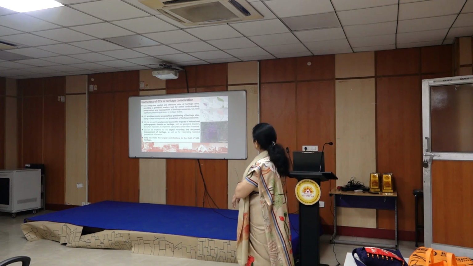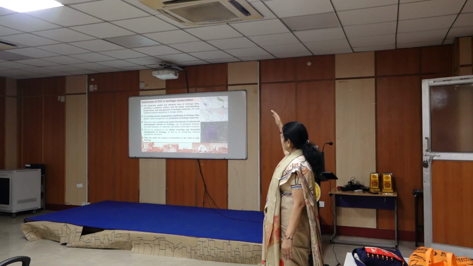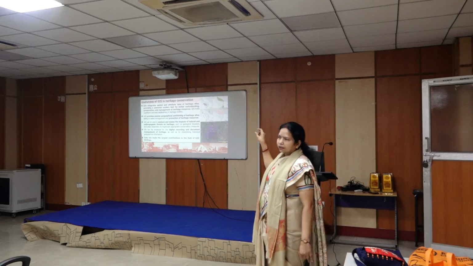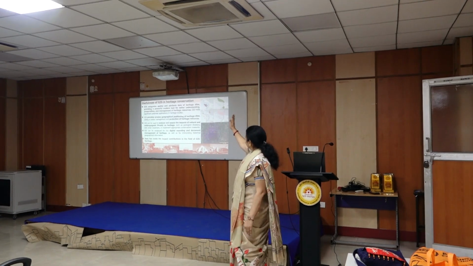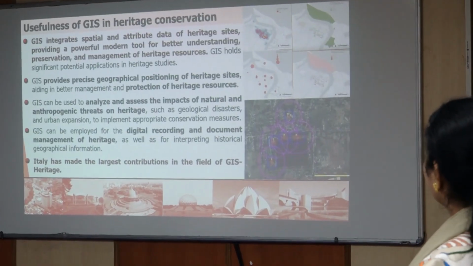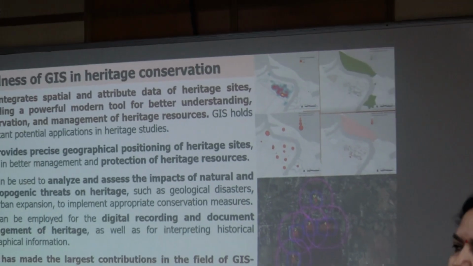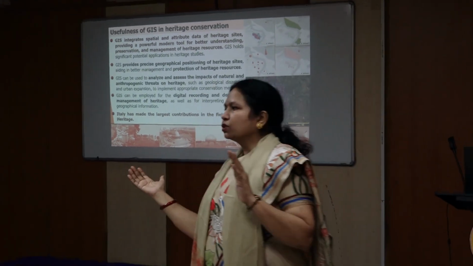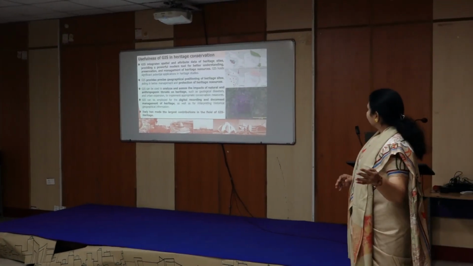So these are some of the usefulnesses that have been shown. For example, GIS. Now this is one example in Poland. The first 4 pictures you see are one example of the use of GIS in mapping at a place in Poland. The first picture on the left-hand side shows you the density of all the heritage areas located within the city. Then you have people who have a positive notion for certain areas, and for certain areas a not so positive, or you can say negative, notion.